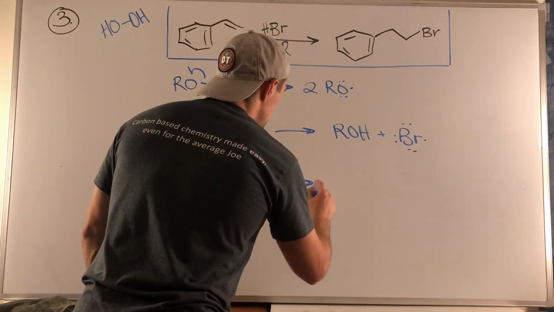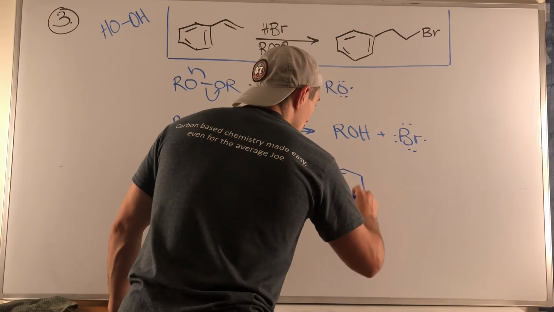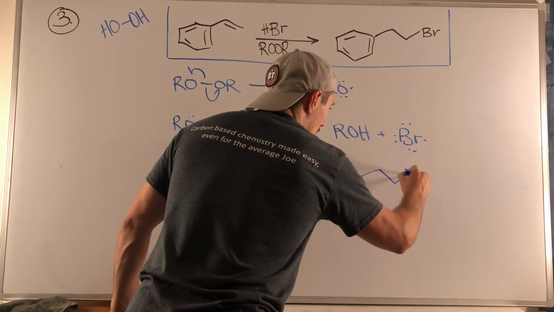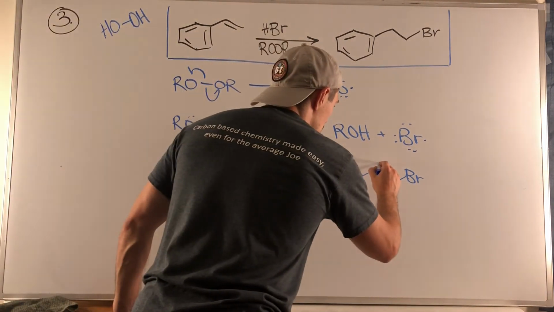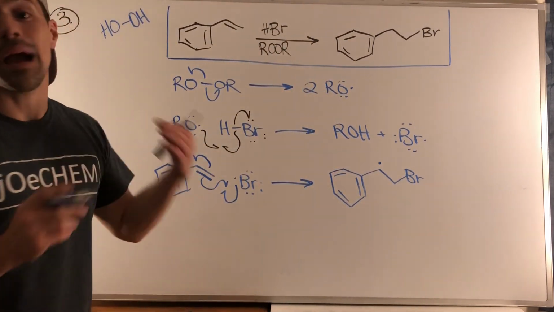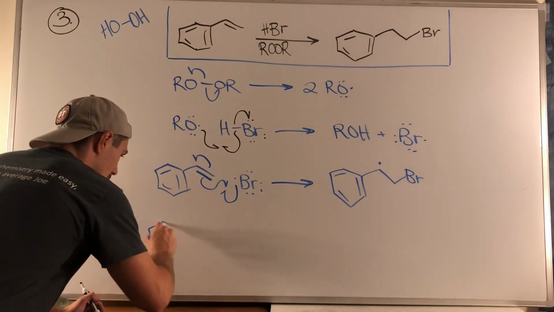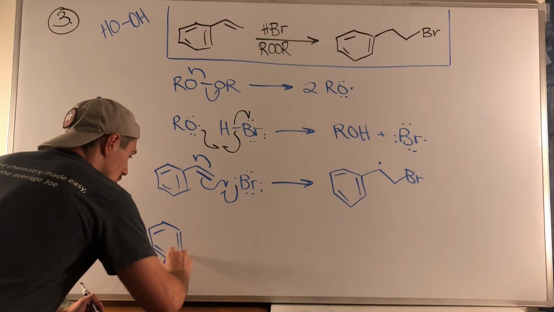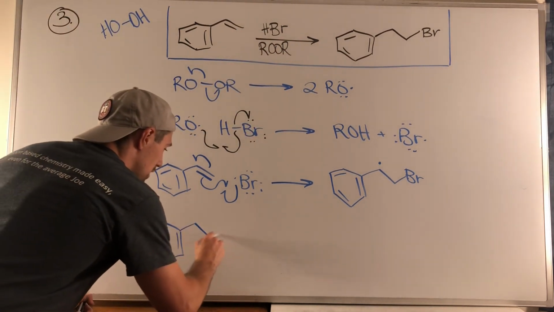So you can see by doing that, I didn't even stick with using black for arrows, but we then make our bromine bond to the less substituted carbon, and we have our radical electron perched on the carbon where it's happier, okay? So then we need to take care of that radical, get rid of it.